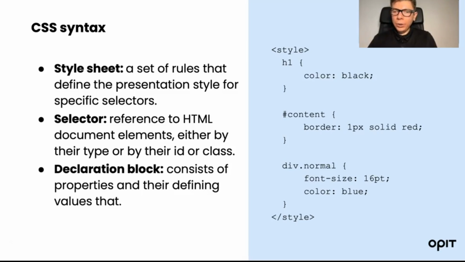The declaration block, which is the content between curly brackets, is this specification of properties and their values. In the first case, we will be changing the text color of all the headings of the first level to black. In the second case, we will be defining the border as 1 pixel wide, solid, and the color of the border will be red for the element with ID content.